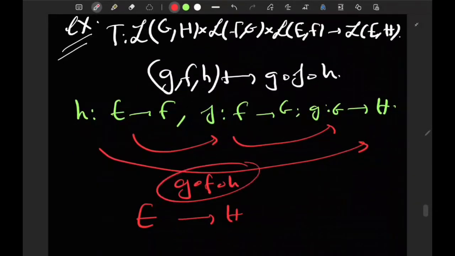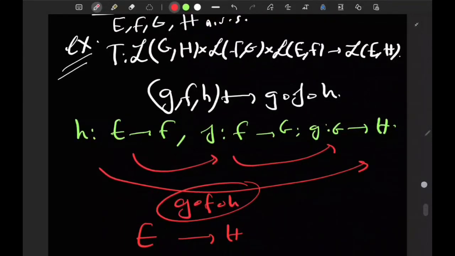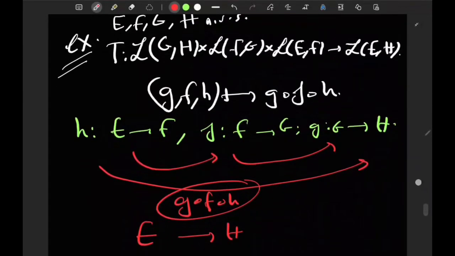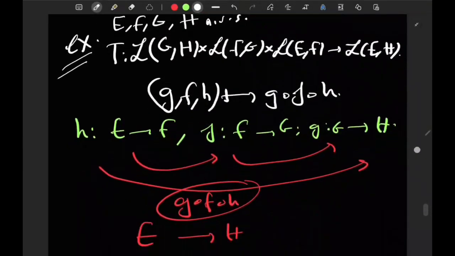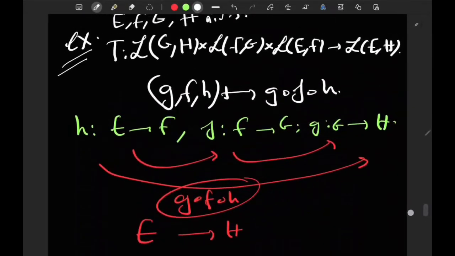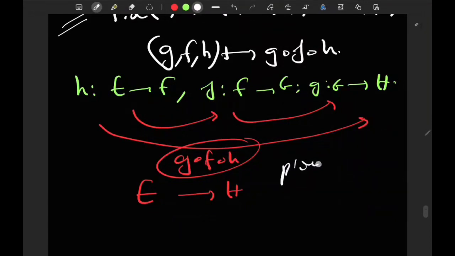It's g round f round h, linear and continuous. And so prove this thing to be a trilinear continuous map. So prove T is trilinear and continuous.